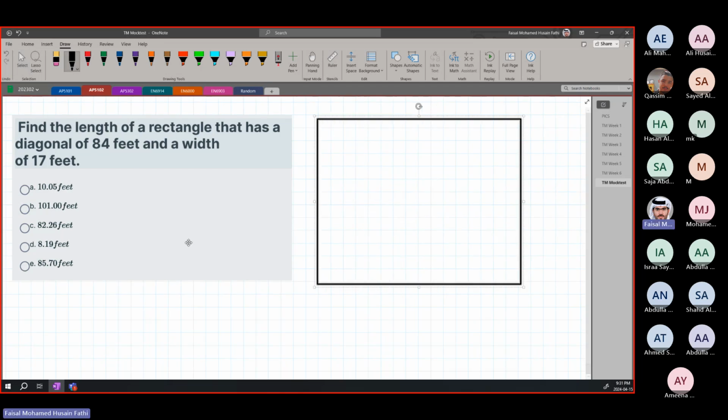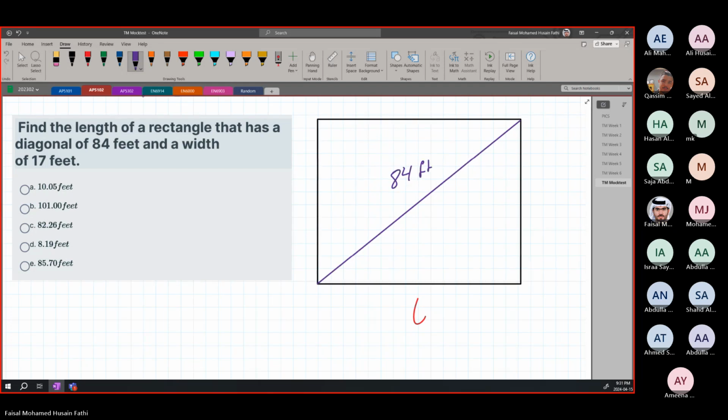The length of the rectangle is what we need to find. So we need to find this length here, L. We call this L over here. And we know that the diagonal, basically from corner to corner, is 84 feet. And we know that the width of it is 17 feet.